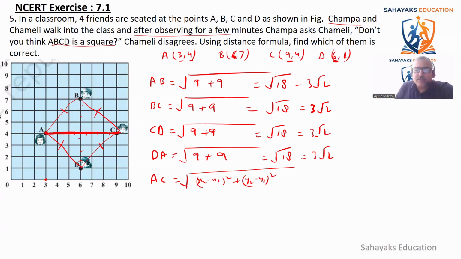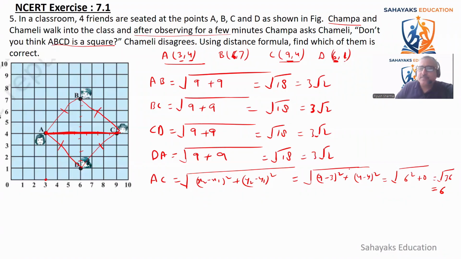For A and C: 9 minus 3 whole square plus 4 minus 4 whole square. 4 minus 4 is 0. So it comes out to be square root of 6 square plus 0, which is square root of 36, or 6. So AC is equal to 6 centimeter.